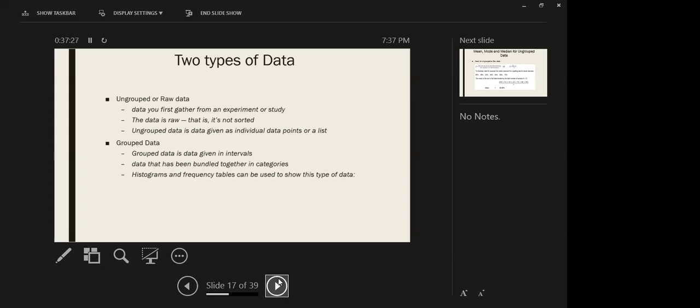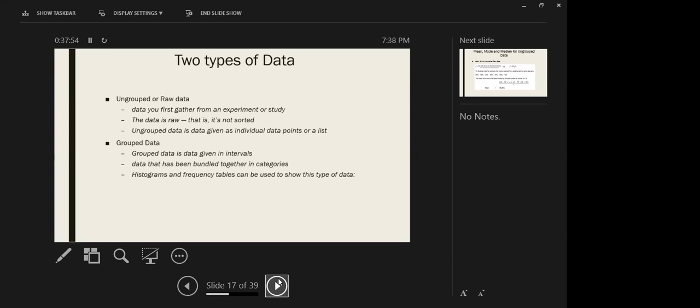So basically what you need to understand is that when you gather data, you might have two types of data. The first type is what they call ungrouped data, or raw data. Raw or ungrouped data is the data that you first gather from an experiment.